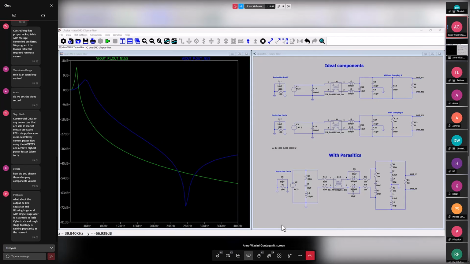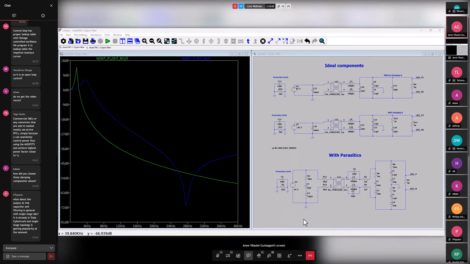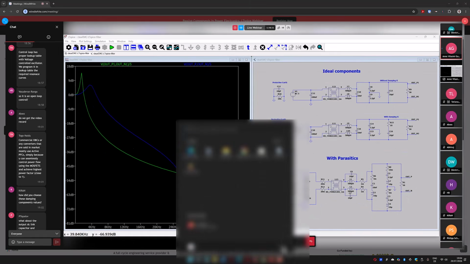EMI is a system problem. The differential mode noise comes from the schematic, and the common mode noise happens because of the layout and not your schematic, because of coupling to different things that you cannot expect. And every block is leaning on its passives for better efficiency and losses.